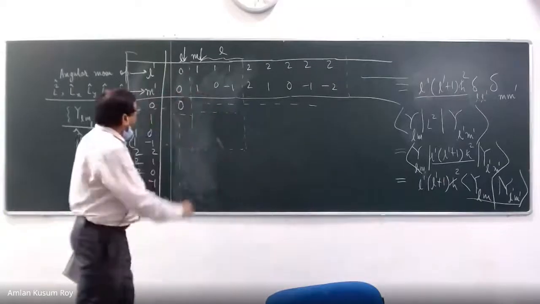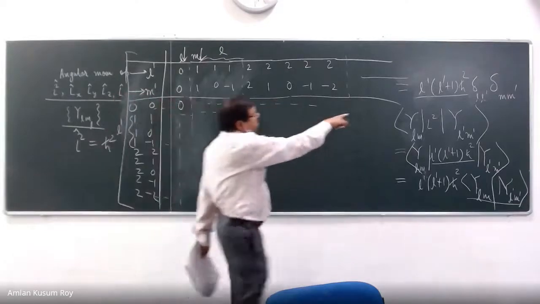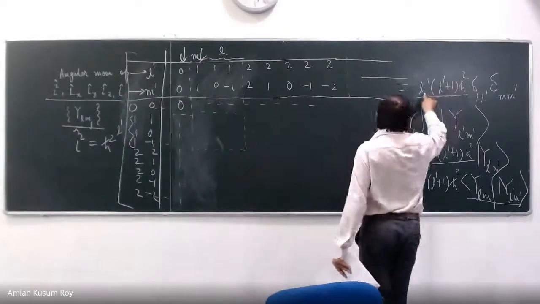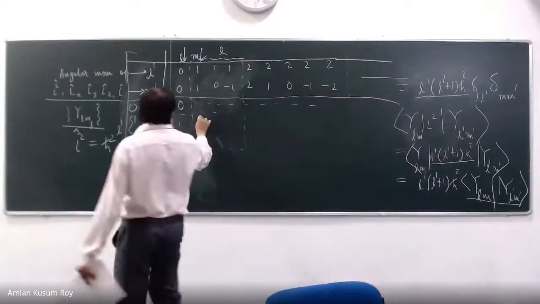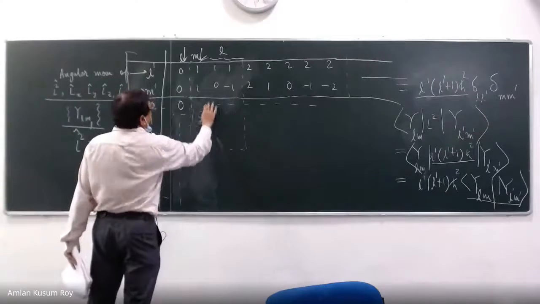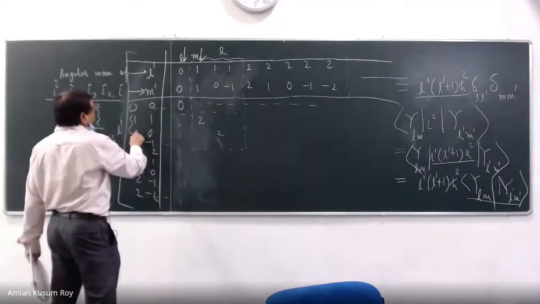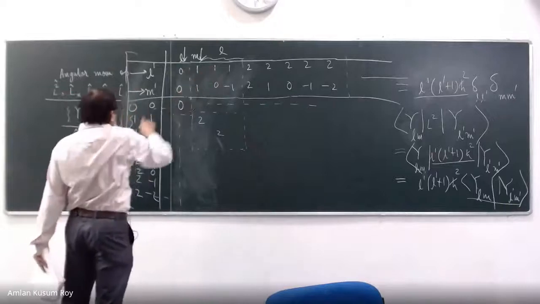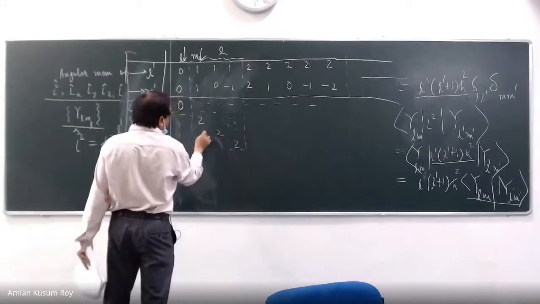Only in the diagonal you will have the value L prime into L prime plus 1, which is 1 into 1 plus 1, that is 2. So you will have 2H cross square. But again, these guys are 0. Again, 2H cross square, because this is not a 0 value. This is 1, you are looking at L and L prime. This is 2, so this is again 0.